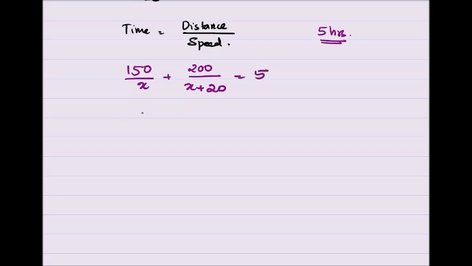Now solving this equation by cross multiplying: 150 into x plus 20 plus 200 into x is equal to 5 into x plus 20.